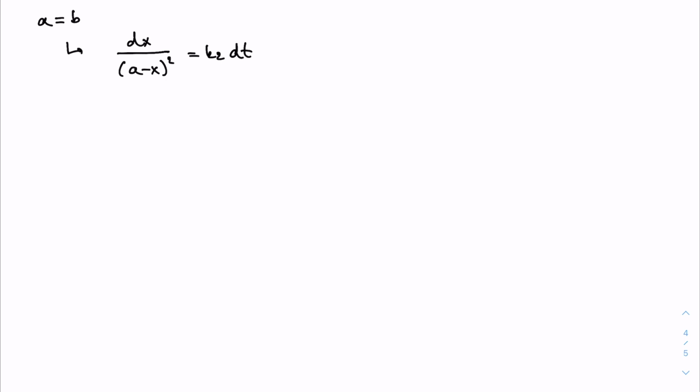Okay, so this can be integrated quite easily using the initial condition as before. And so it leads to the integrated equation 1 over A minus x minus 1 over A equals K2 times t.